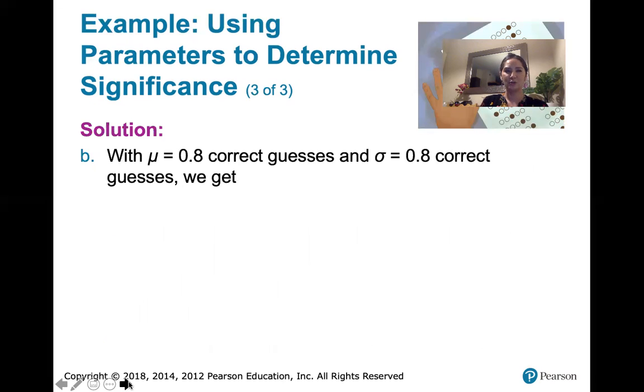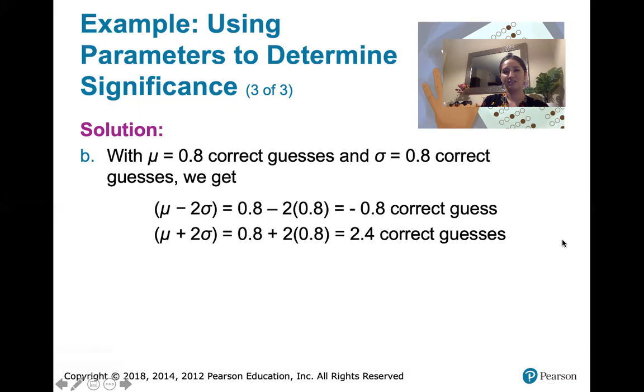So in order to determine whether a particular number of correct guesses is significantly high or significantly low, we've got to find out what those bounds are for those typical values. So we need to compute the mean minus 2 standard deviations and the mean plus 2 standard deviations. Now, in this case, when you subtract 2 standard deviations from the mean, you get this negative value of correct guesses, which doesn't even make sense.